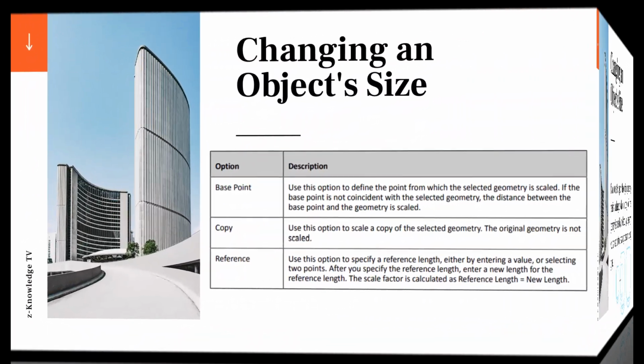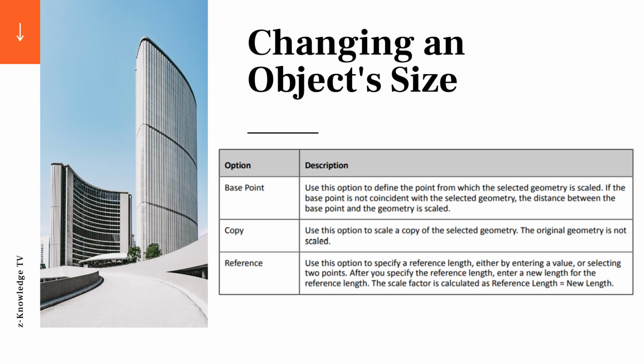Okay, so with the scale command, you can scale geometry using the following options. So first, base point. So use this option to define the point from which the selected geometry is scaled. If the base point is not coincident with the selected geometry, the distance between the base point and the geometry is scaled. Next, copy. Use this option to scale a copy of the selected geometry.